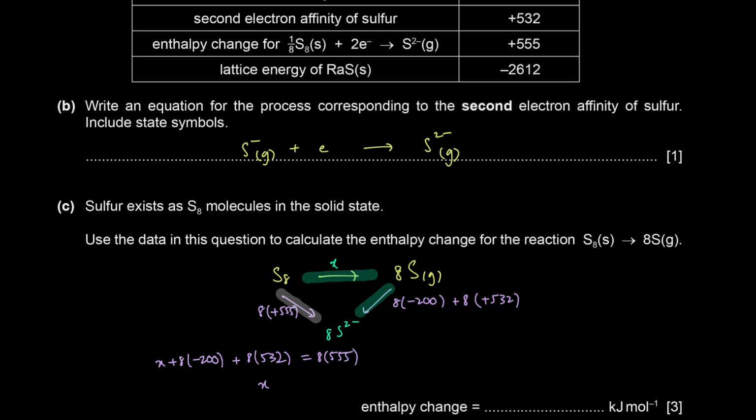So X would come out to positive 1784 kilojoules per mole. So we have plus 1784. All right. This enthalpy change over here is 8 times the atomization of sulfur, in case anyone's wondering. So the atomization of sulfur will be just this divided by 8. You're forming 8 moles of gaseous atoms from the element in its standard state.